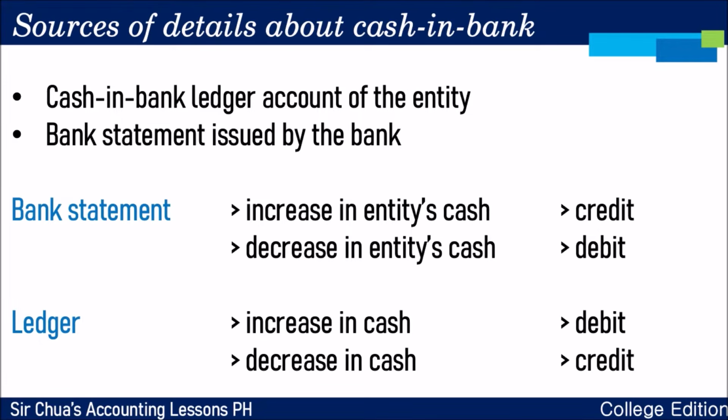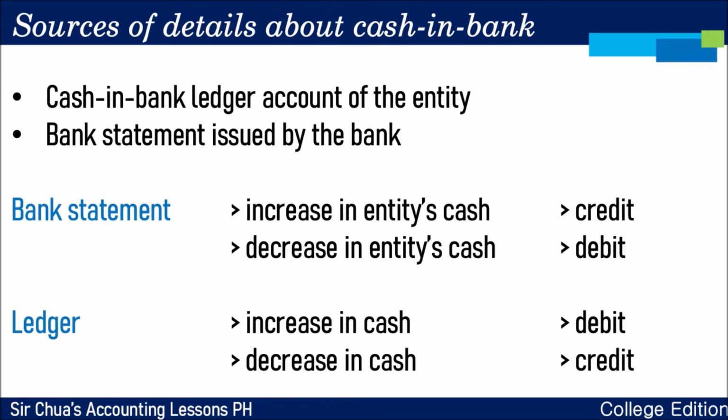Yung nakasanayan naman po nating rules ng debit and credit is i-apply natin sa ledger. Any increase in cash will be recorded on the debit side and decrease in cash will be recorded in the credit side. So kapag ang pinag-uusapan natin bank statement at nagkaroon ng credit, ibig sabihin, increase in cash dun sa bangko. Okay? So dun sa bank account ng company.